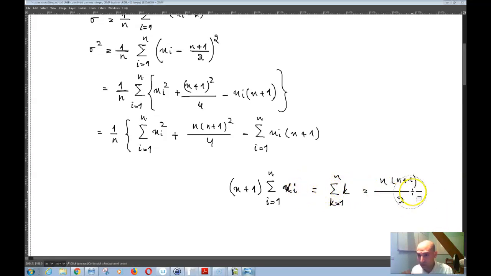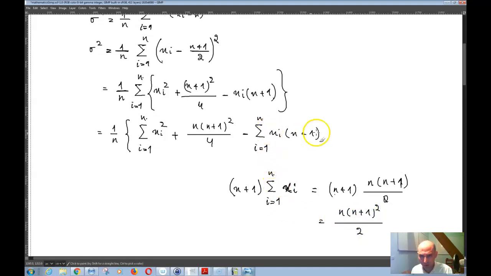So I can write this as n plus 1 times, and then sigma x of i as i goes from 1 to n is then n times n plus 1 divided by 2, which is equal to n times n plus 1 all squared divided by 2. So this part I can write n times n plus 1 whole squared divided by 2, and that is basically this part.